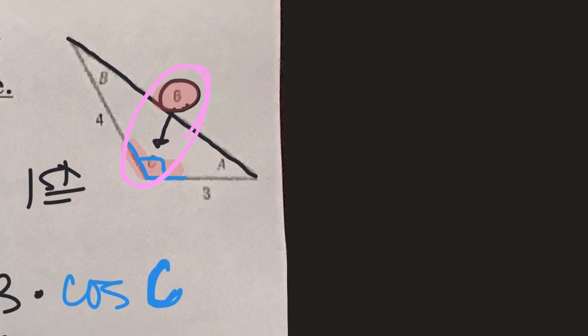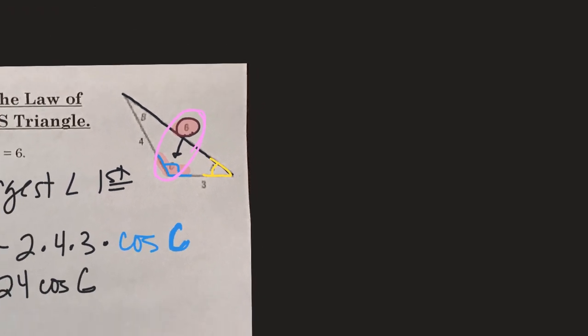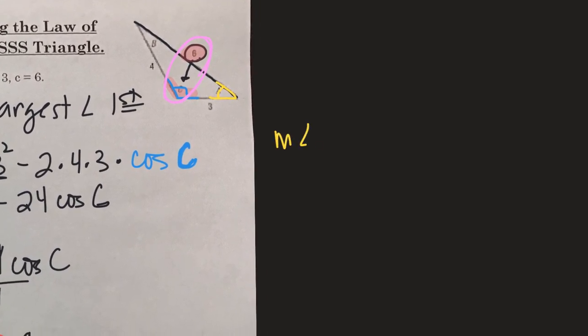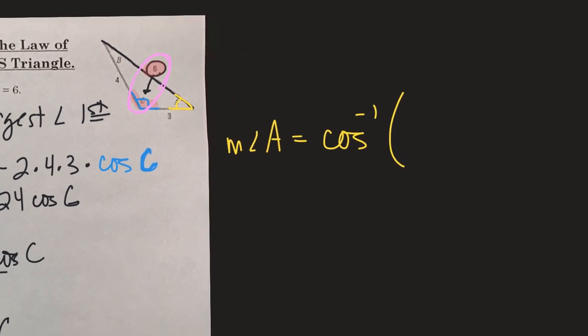So what if I wanted to find angle A? Well, if we work backwards with what we did over here, we know that the measure of angle A is the inverse cosine of some stuff.